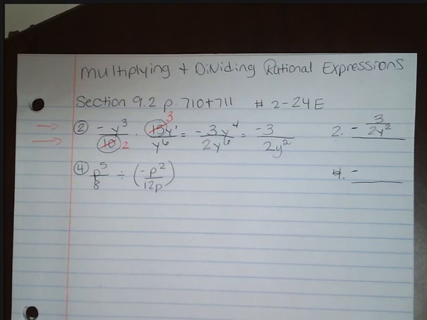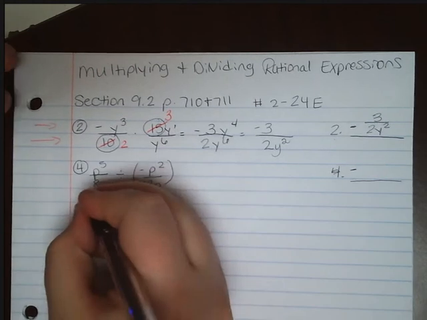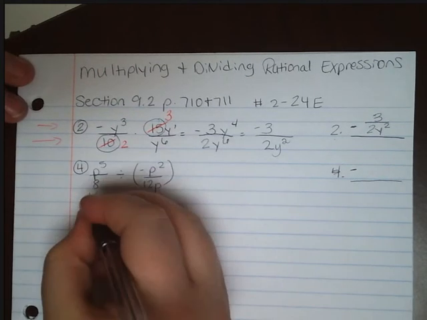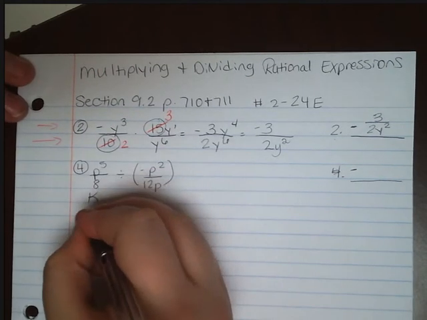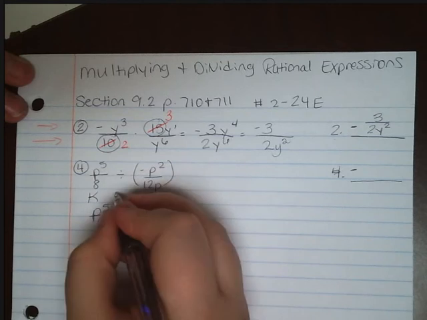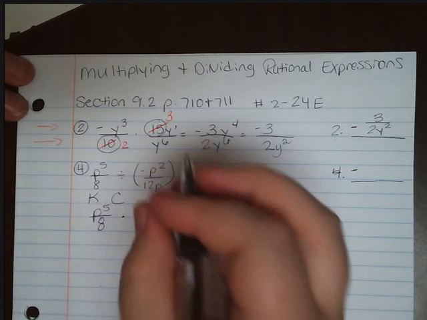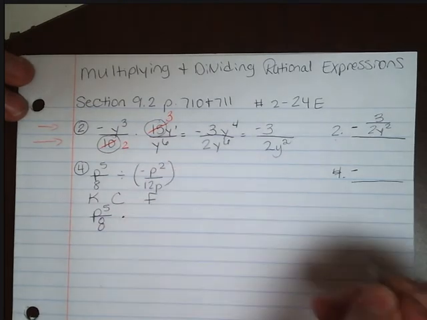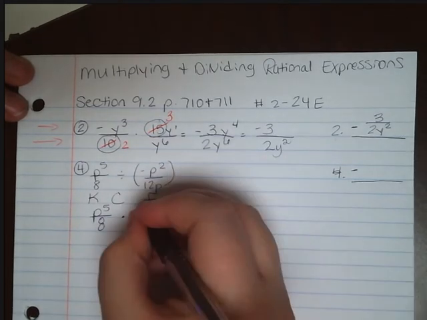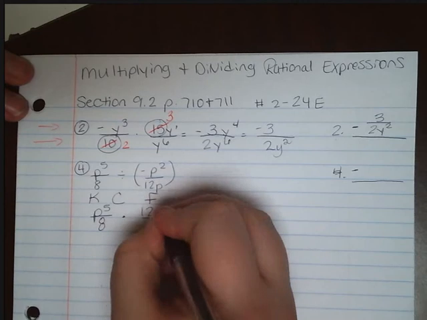Now with division, your rule is to keep the first fraction the same. You change your division to multiplication, and then you flip the second fraction. So we're going to have 12p over negative p squared.